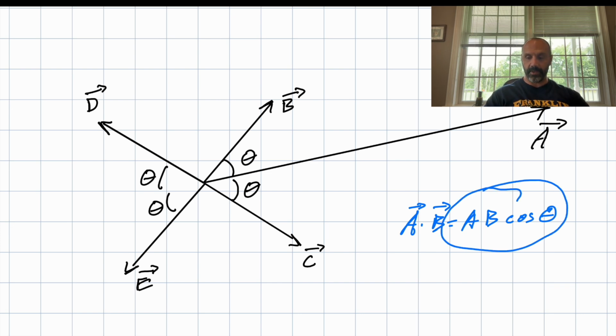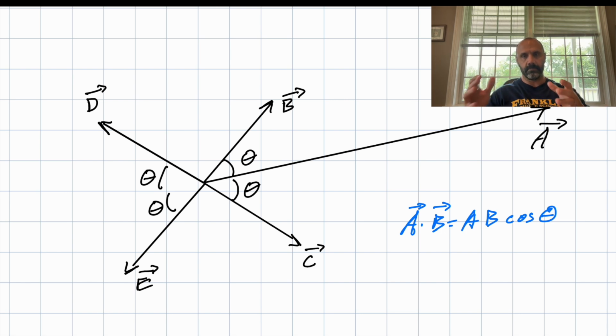Well, if theta was more than 90 degrees, or rather, I should say between 90 and 270 degrees, or between pi over 2 and 3 pi over 2, if you're working in radians. That's what's going to make cosine of theta, that quantity, negative.